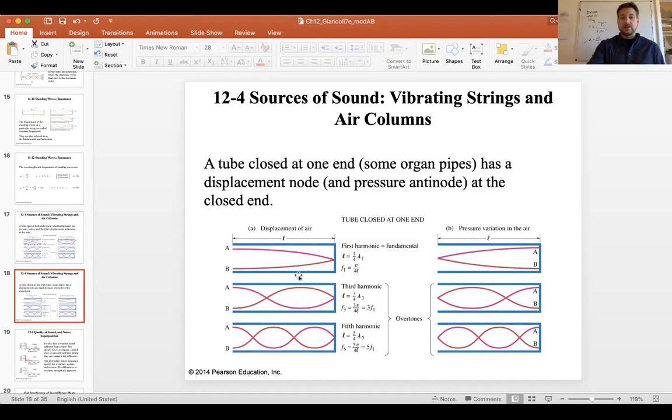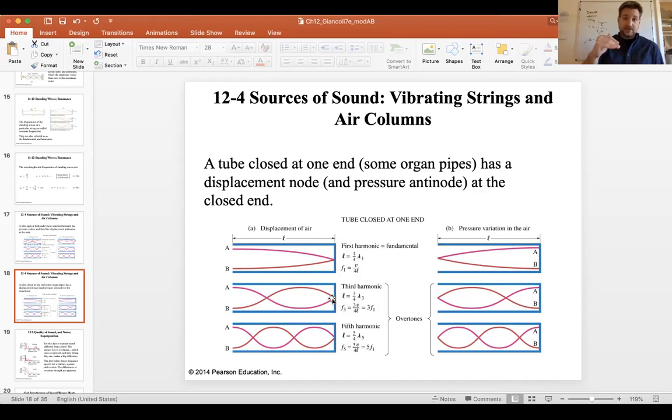So we're actually able to fit only the first, if we think about a sine graph, from 0 up to 1 and then back down to 0, but in this case we start at 0 at the node and we can go up to a maximum. We're done. That's only a quarter of a wavelength. In other words, a quarter of a wavelength fits in the length L, so the frequency is what it is.